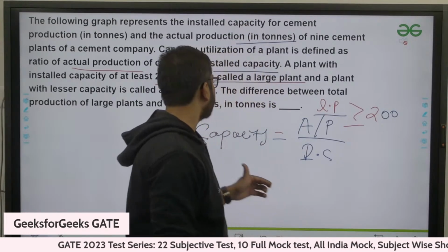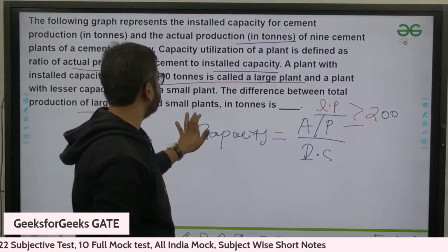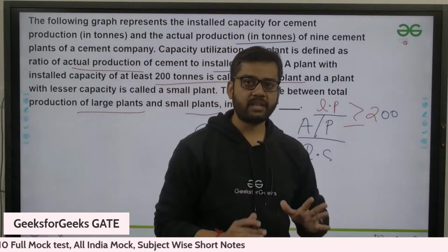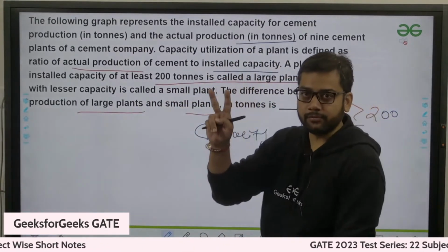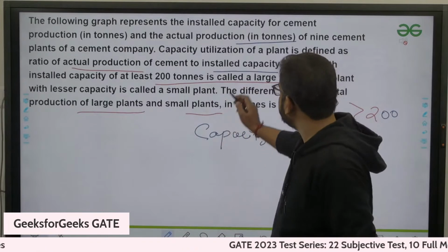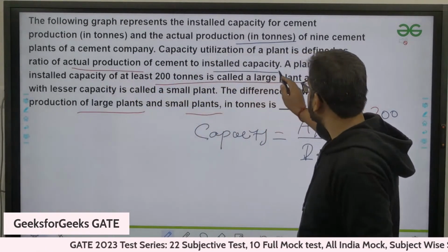Simple information. The question asks for the difference between the total production of large plants and small plants in tons. In this question, only two pieces of information are valid. The first is the formula: the ratio of actual production of cement to the installed capacity.